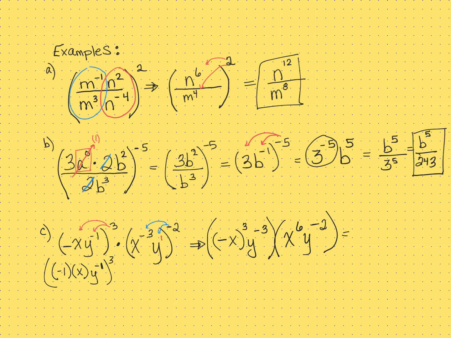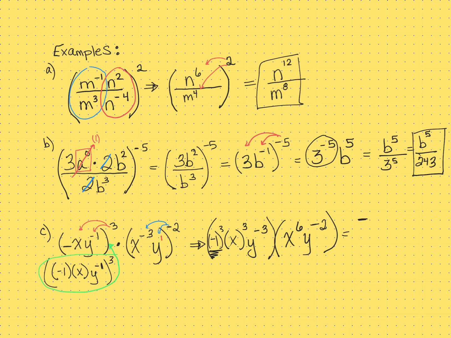So let me go in here and say this is actually, it doesn't really make a difference which way we do it, but I'm going to call this negative 1 cubed and x cubed. So this here is just another way to think of this piece right here. All right, so let's take all of our negative exponents and move them down. And let's also at the same time raise negative 1 to the third. So negative 1 times negative 1 times negative 1, an odd number of times, is going to give us a negative.